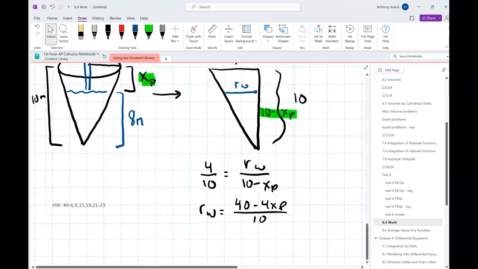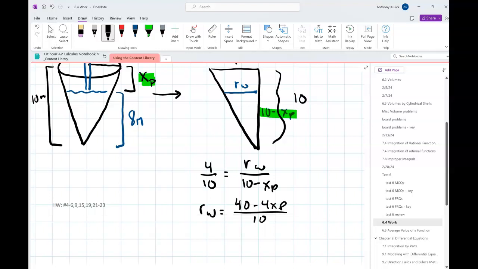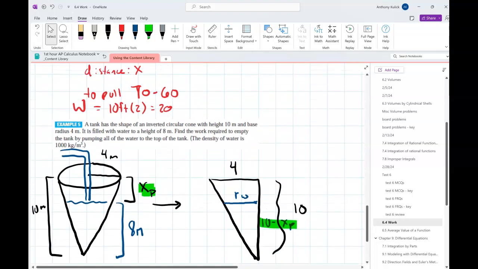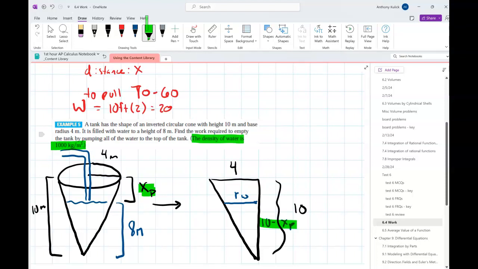So remember, I need a force, which is mass times acceleration, right? And then I need the distance to be pumped. Well, I know what that is. That's just xp, right? But I need to get a force out of this. The piece we haven't used yet is this density piece, right? So what am I going to do with that?